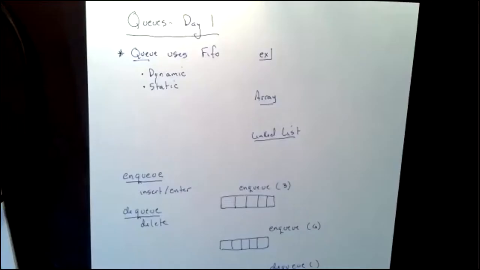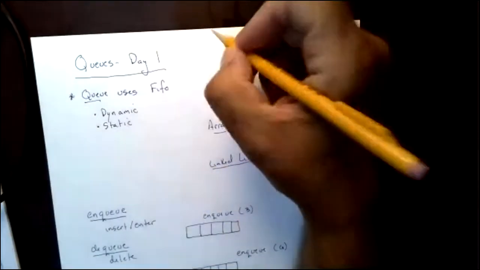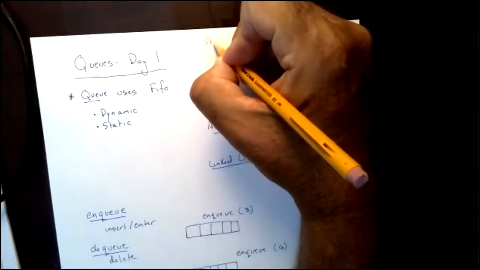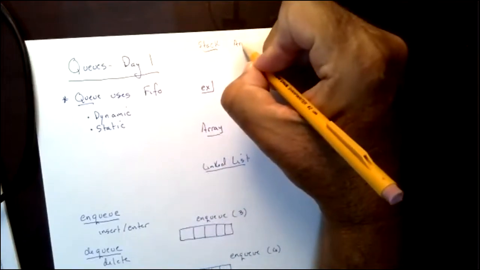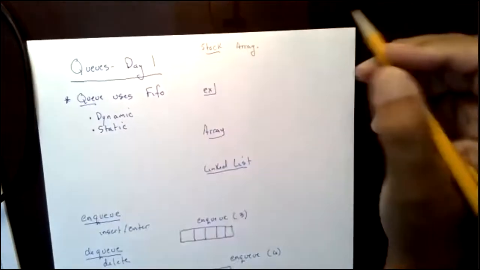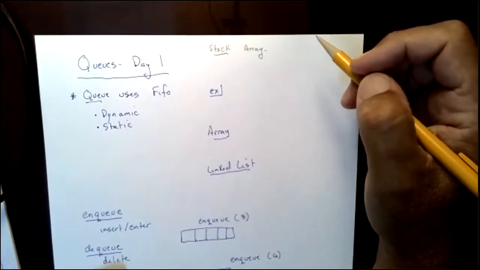Okay, so the other day we talked about stacks. If I'm making some review notes for a stack, and I need a little reminder for an array with stacks: where did I add to it?